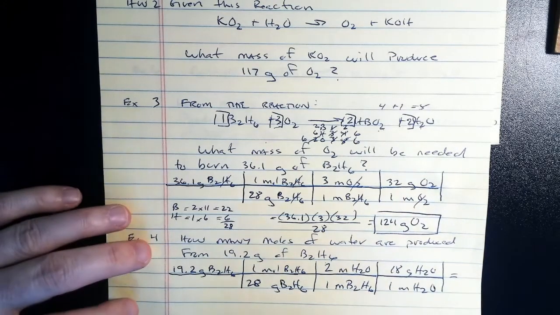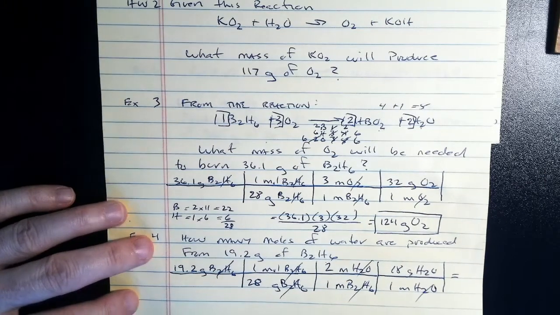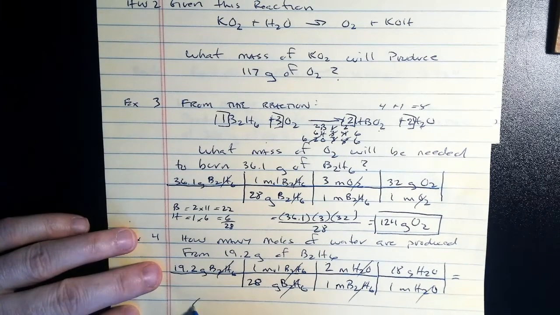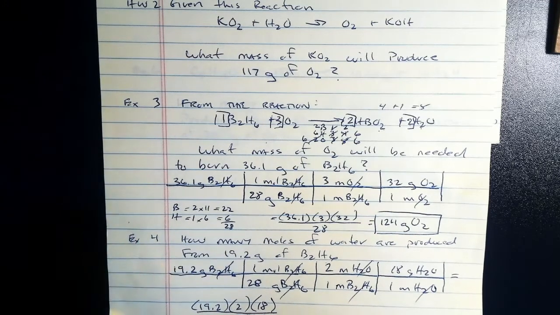Now we cancel our units, right? So these grams cancel, those moles cancel, these moles cancel. Now what do we do? We pull our numbers over. So we're going to have 19.2 times 2 times 18. And this is again going to be over 28. So let's see what we can do here. Get out a calculator again.